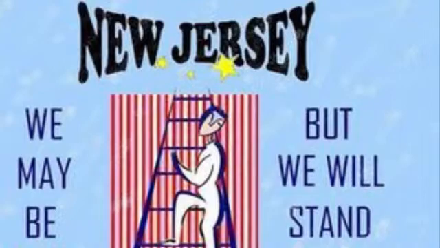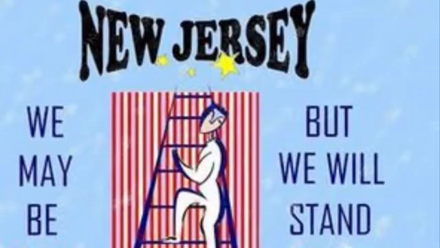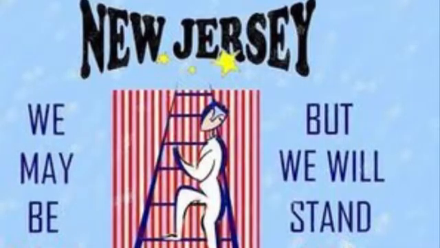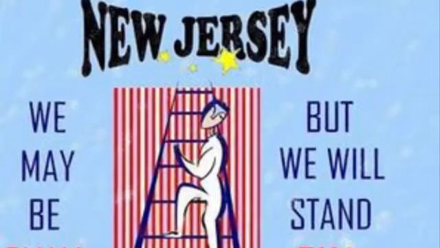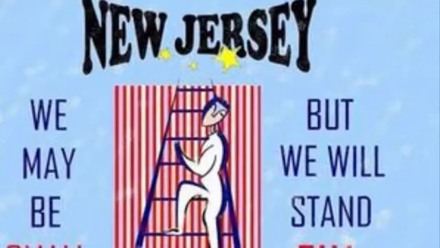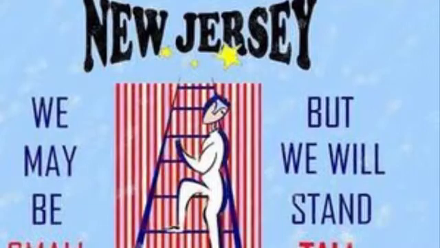The New Jersey Plan was a proposal for a structure of the United States government presented by William Paterson at the Constitutional Convention on June 15, 1787. The plan was created in response to the Virginia Plan, which called for 2 houses of Congress, both elected with the apportionment according to population.